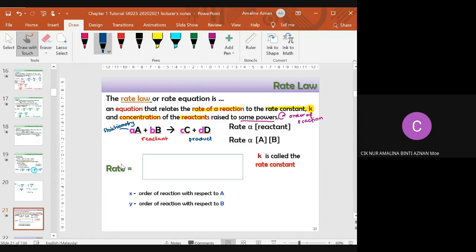But for rate law, look here, how do you want to write this? We write it by referring to this.